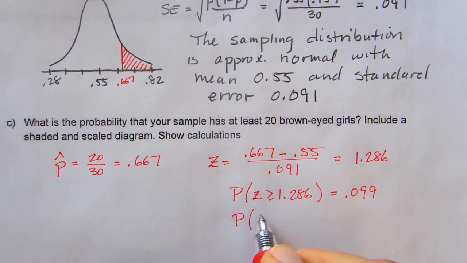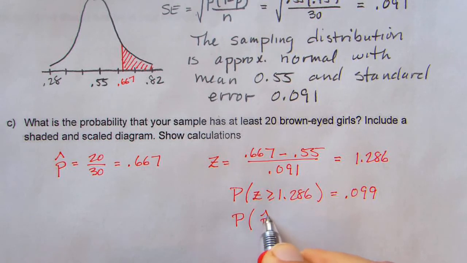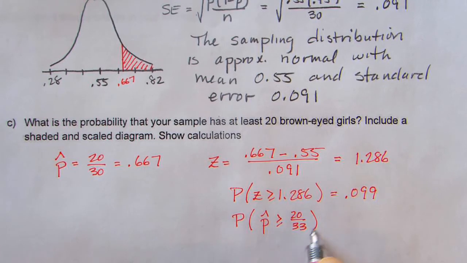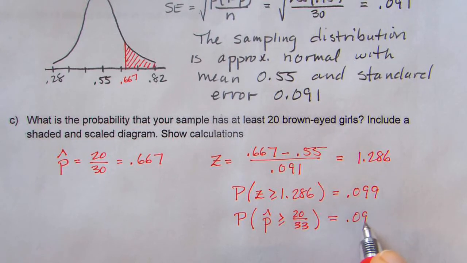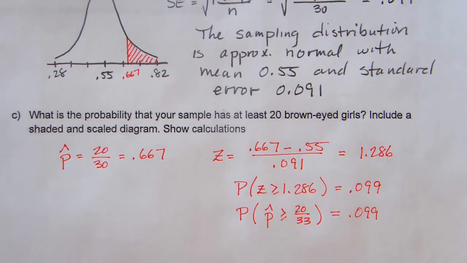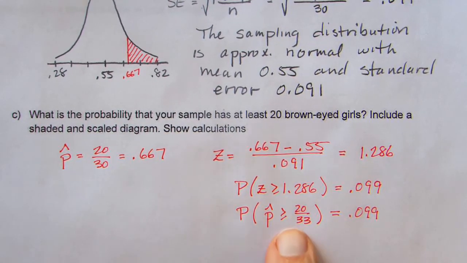The chances that our p hat, our sample proportion, is going to be 20 over 30 or perhaps even higher, 0.099. Okay. That would probably be the better way to say it, because it says what's the probability that your sample has at least 20 brown-eyed girls.